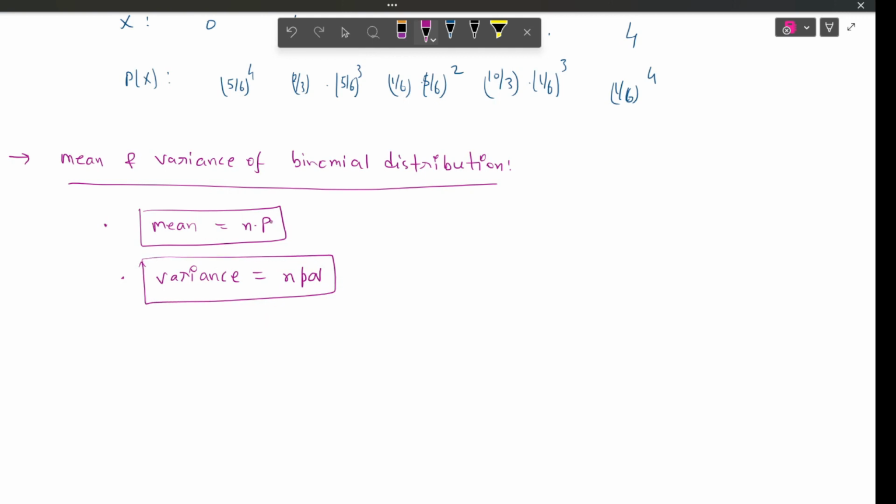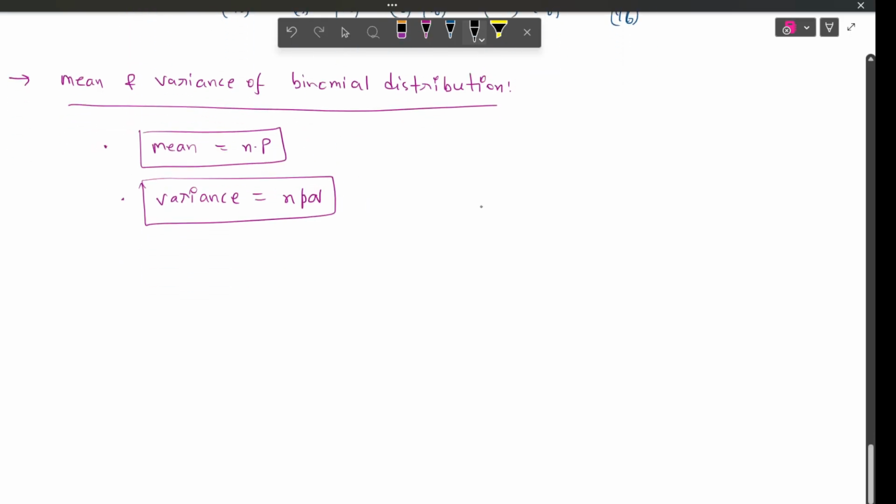Okay. This is the mean. N into p is mean and npq is your variance. Now let us see one question to apply the formula.